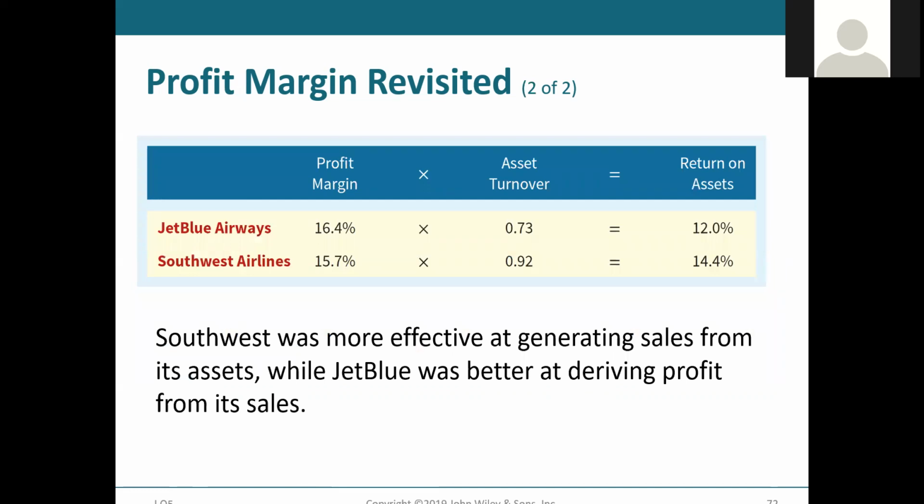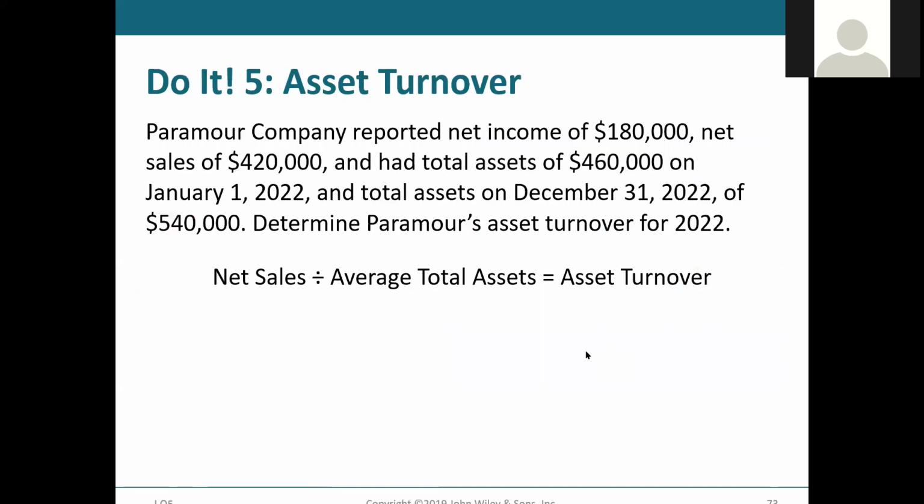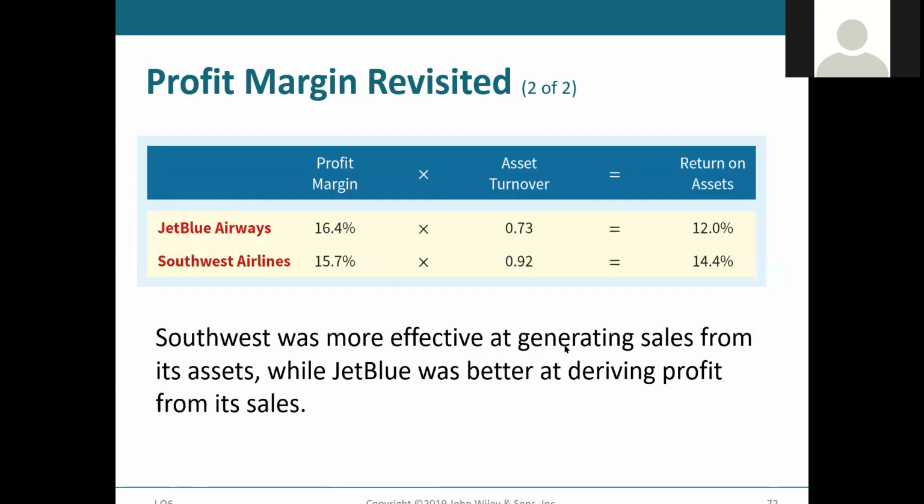So what they're saying here is Southwest was more effective generating sales from its assets, while JetBlue was better with the profit margin, okay? So Southwest overall has a better return on assets than JetBlue does by about 1.5 points.